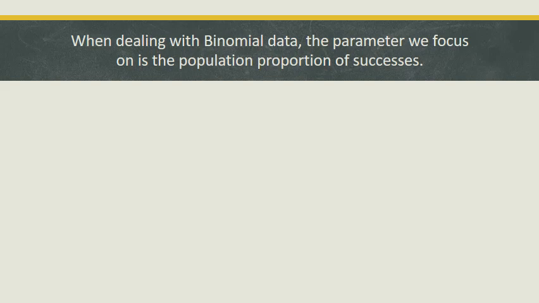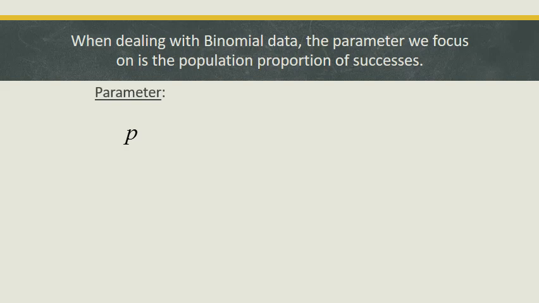For now, we'll focus only on binomial data, so there will only be two possible outcomes, called success and failure. The parameter for this kind of data is the population proportion of successes, called P. You could also think of this as the probability of success.